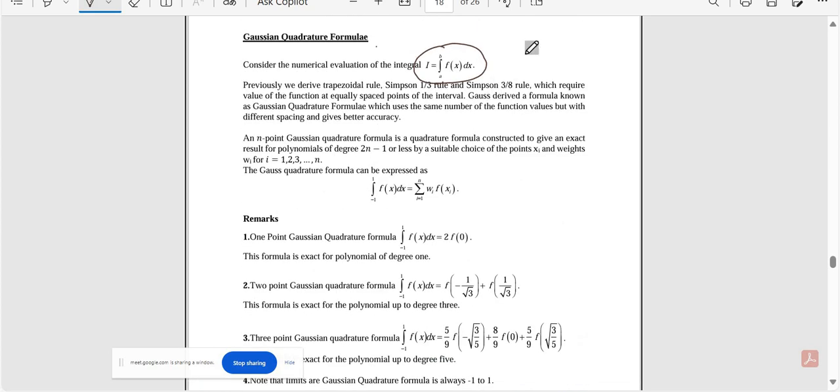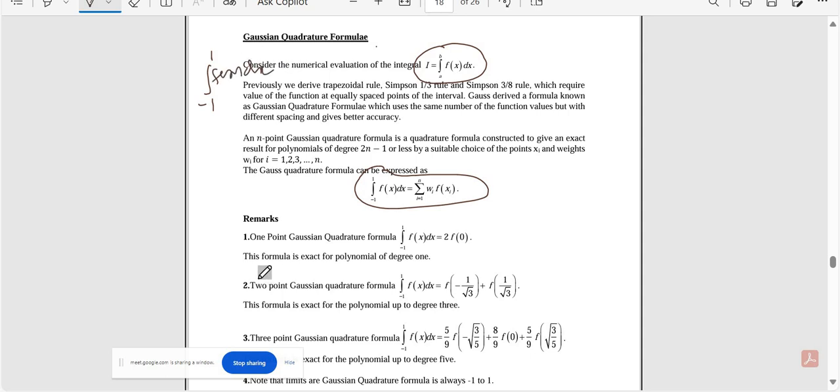So what is the idea of the Gaussian quadrature? The integration must be between -1 to 1. Then you can apply the Gaussian quadrature formula. Clear, everybody? First criterion: integration must be in the form of integral from -1 to 1 of f of x dx.